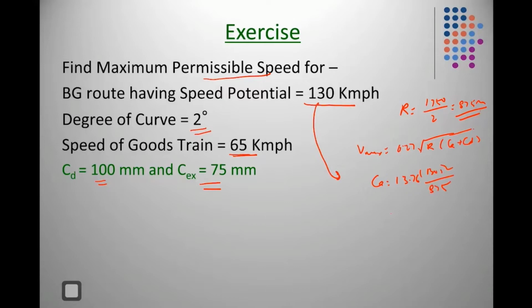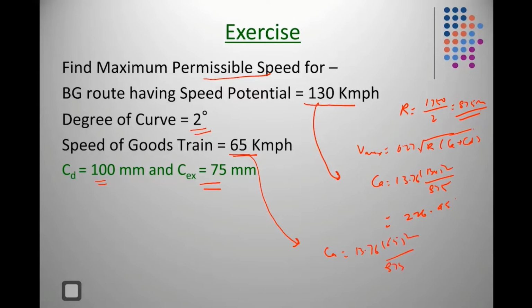This value comes as, अगर मैं इसको करता हूँ तो 130 whole square into 13.76 divided by 875. So this comes as 226.45. ये हमारी इसके हिसाब से कैंट चाहिए, और हमारी कैंट इसके हिसाब से क्या चाहिए? This cant required for goods is 13.76, speed is 65, whole square divided by 875.